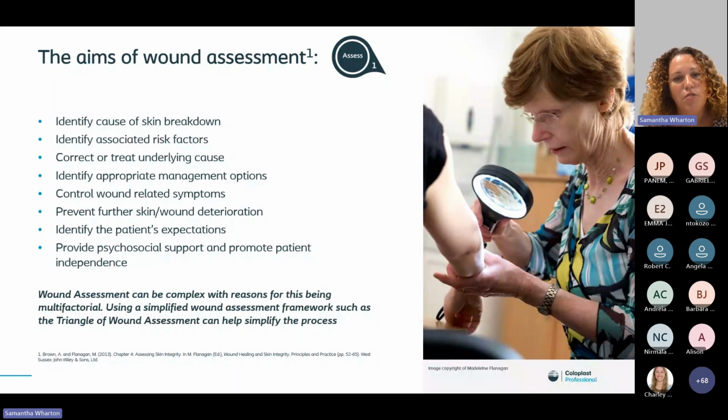And actually, it works really well when you're looking at supported self-management, because patients can take over some of the aspects of the care, if not all of it, and to make patients independent and be able to manage their wounds gives them that bit more ownership of the wound. And like I say, as we go through, we'll look at that a bit more.